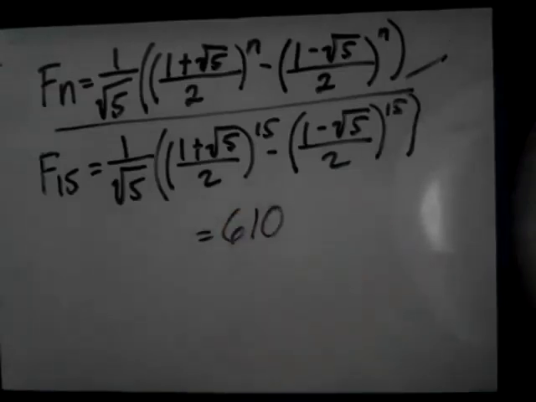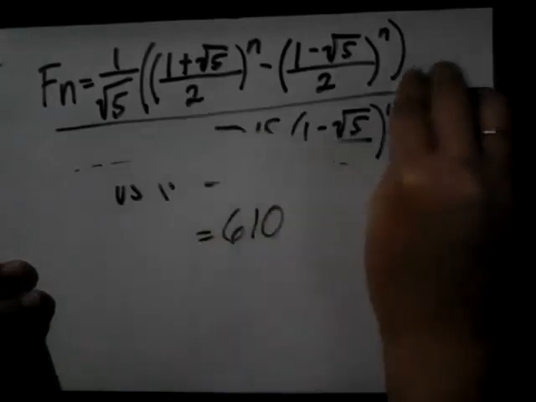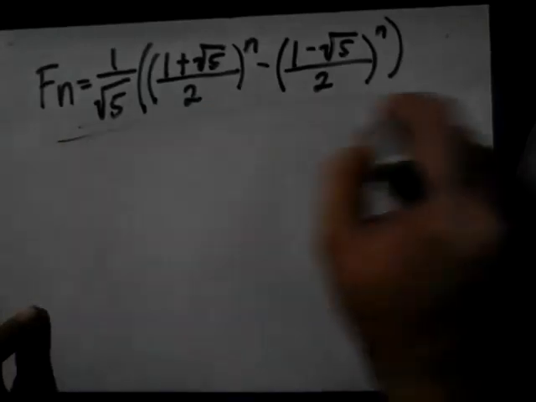Next, visualize that we need to find the 30th term of the Fibonacci sequence. So using this formula, we can easily find the term. What we're going to do is to substitute the number 30 for n.